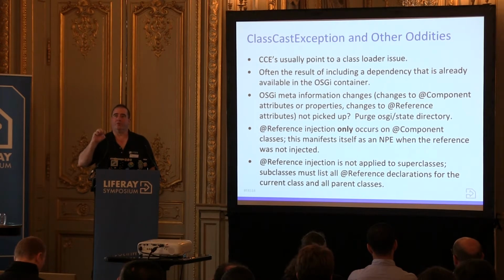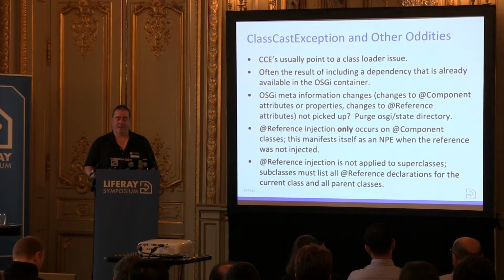So, for example, you cannot cast to an interface. What ends up being is you have a copy of the interface in your own code as well as one in the OSGi container. OSGi tries to apply the one from the container, but there are different versions in the class loader, so it represents itself as a ClassCastException, even though it's not.